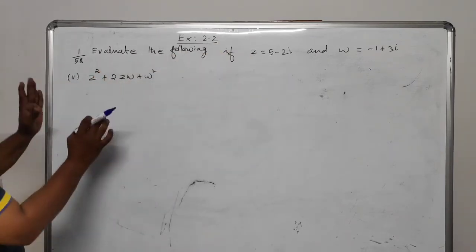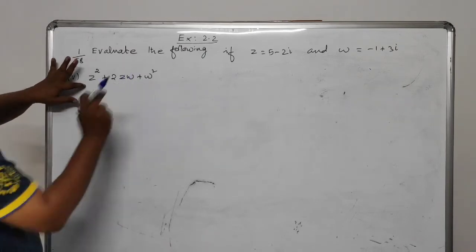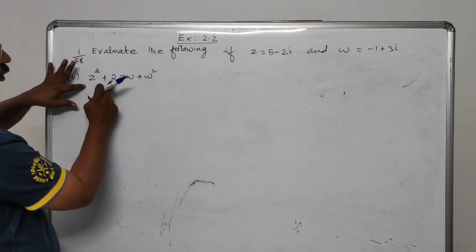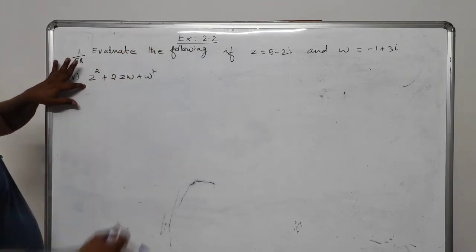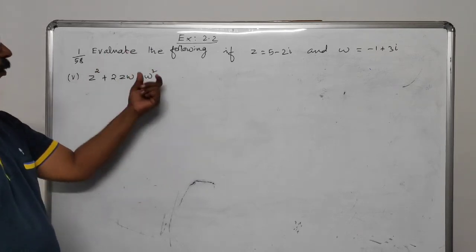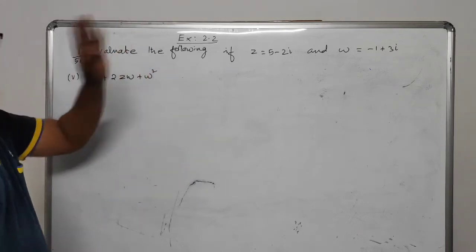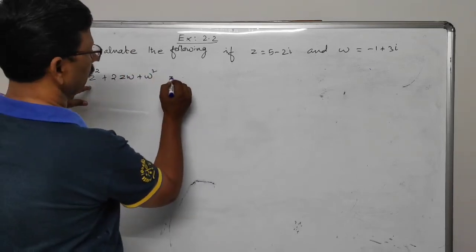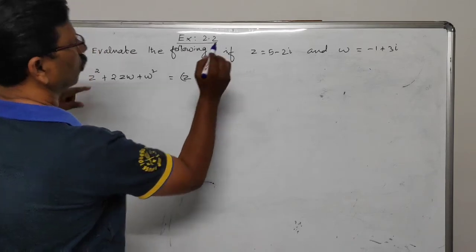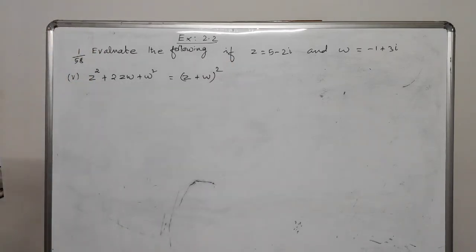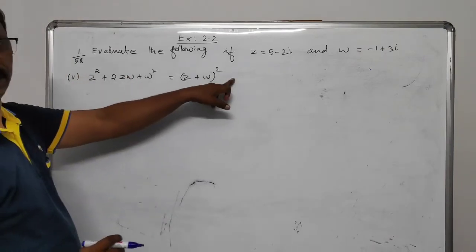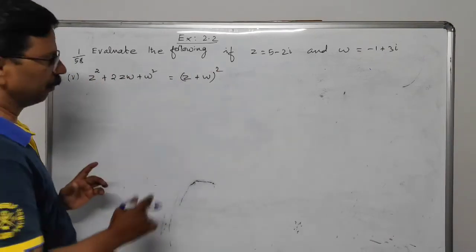Before that, see, it is in the standard identity, a plus b the whole square equals a square plus 2ab plus b square. Therefore, you can use that identity instead of finding z square, w square and zw. It is very easy. Therefore, this can be written as z plus w the whole square. Now, this is nothing but the sixth subdivision. The fifth subdivision is this one, and this is the sixth subdivision. Therefore, you can find the solution for these two simultaneously.